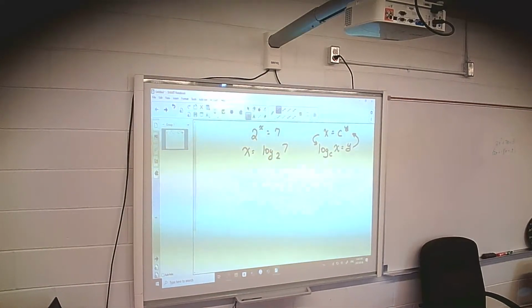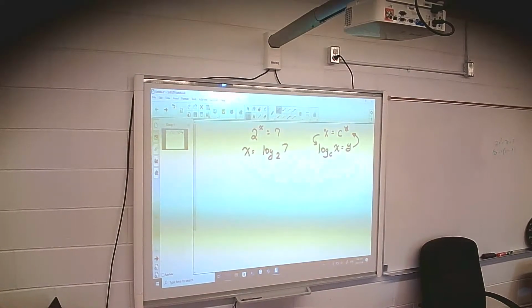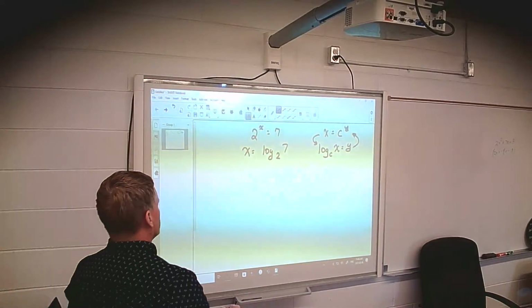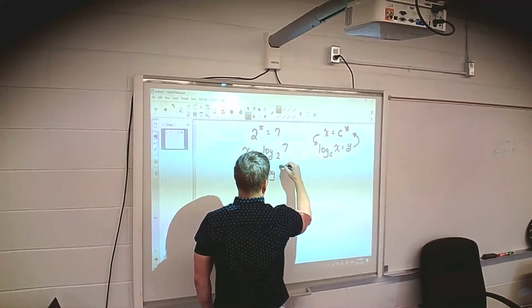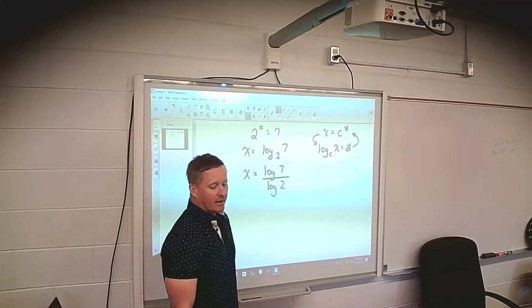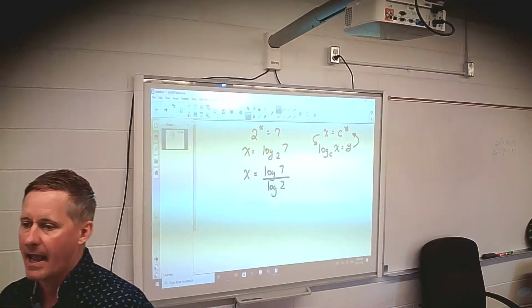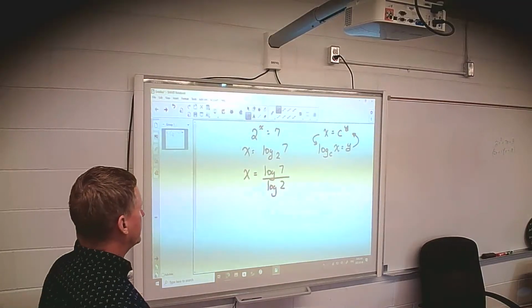So I can change the base to base 10 by going log 7 divided by log 2. I would change this to x equals log 7 divided by log 2. Now I have that function on the calculator in base 10. So what I want you to do right now is use your calculator, take the log of 7.